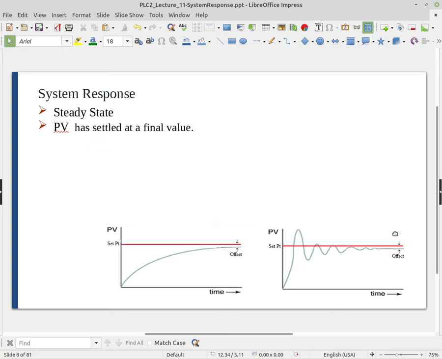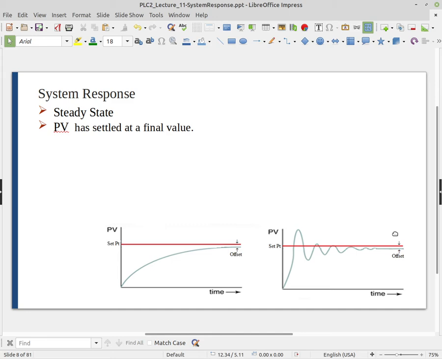All right. The steady state then refers to when the system has stopped changing. If the set point, as the red line is marking the set point on this slide, has been changed and is no longer changing, then the system eventually is going to reach what we call the steady state.